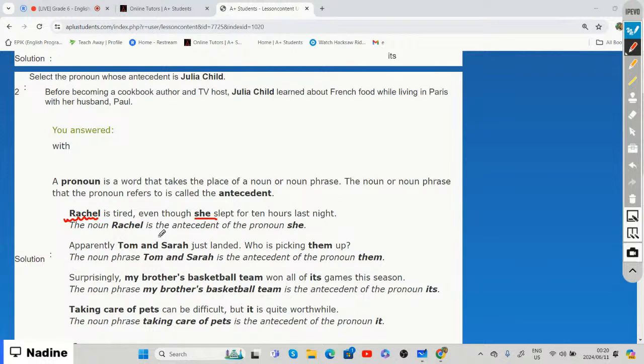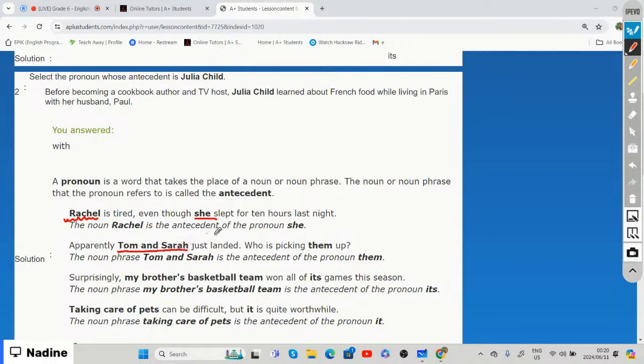Remember, we said we get singular pronouns and we get plural pronouns, right? Singular pronouns refer to one person or thing doing an action. And then we have plural pronouns, which refer to more than one person or thing that's doing an action. Plural pronouns can also come from a conjunction, and. For example, Tom and Sarah.